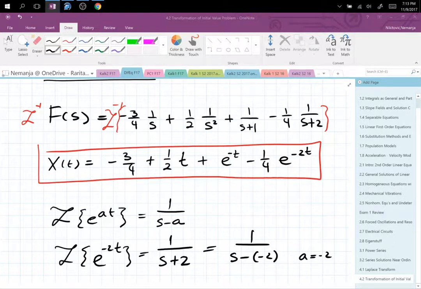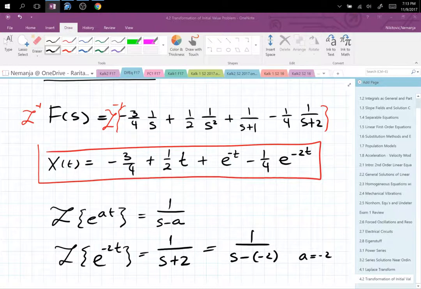Cool, right? You have something to do the entire weekend. Play with the Laplace transform. Now, what else is there in this section? You don't have to worry about it.